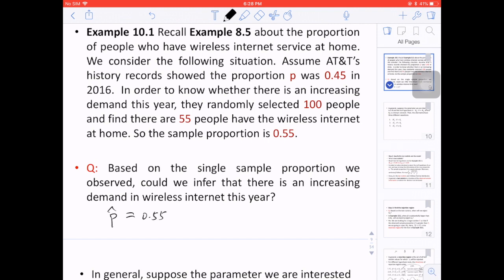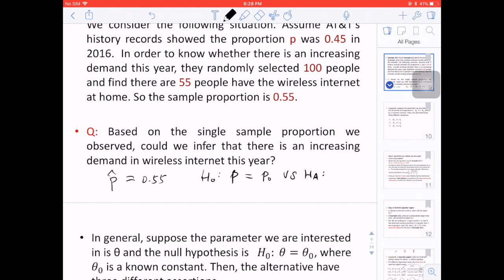So how can we set up our hypothesis? Like I said before, we're interested in the population parameter. Here it is the population proportion P. In the null hypothesis, we always set the parameter of interest equal to something. I'll say this is equal to P0, versus the alternative hypothesis. We like to study whether there is an increasing demand, so I'm going to say P is larger than P0 in the alternative hypothesis.